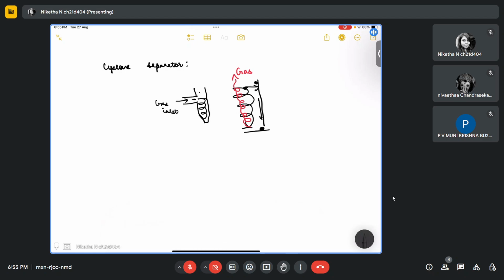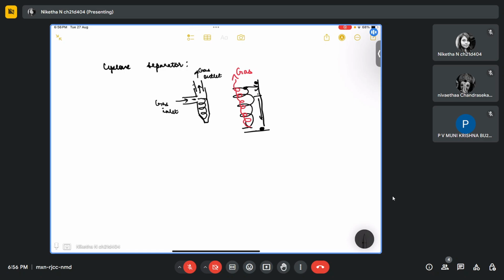So the gas will be let out. There is an outlet here. So this is the gas outlet. Since gases are lightweight, they don't stay at the bottom, and they will have their own vortex motion, and they'll reach the top.